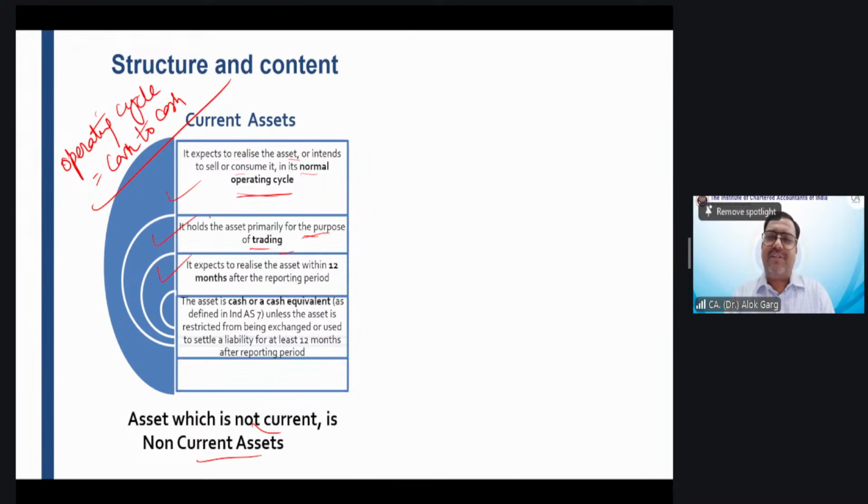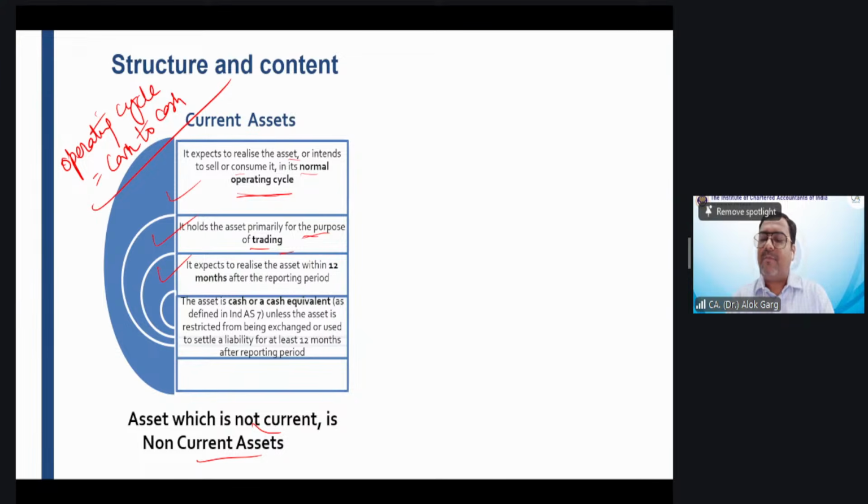Let me ask you a question. The company has given an electricity deposit. You know electricity deposit? Have you seen the security deposit for the electricity, which is given to the electricity board?